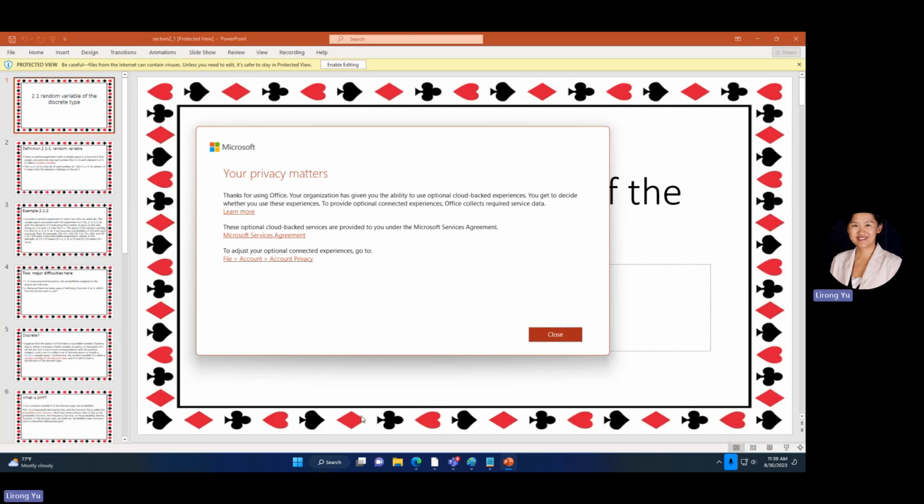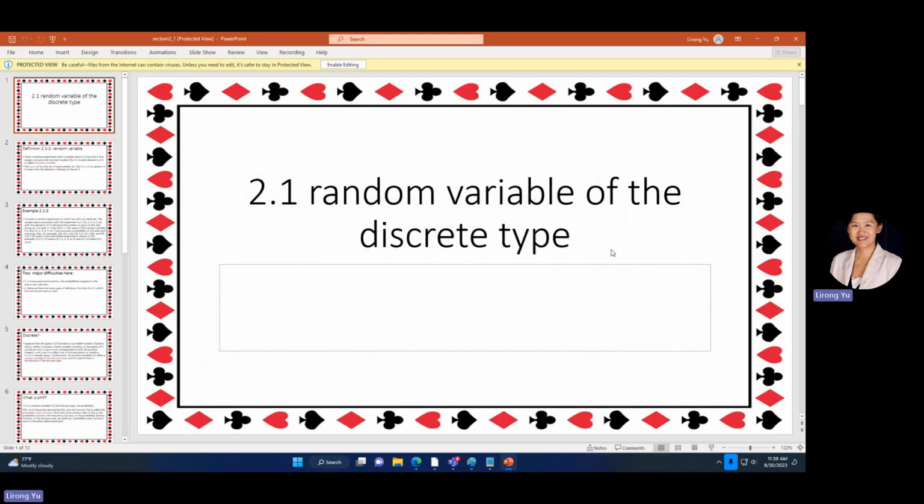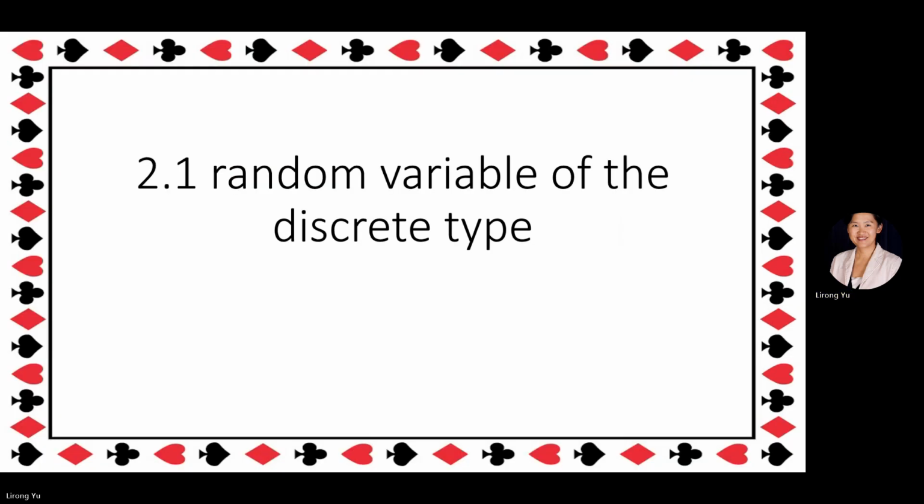All right, let's start with 2.1. Let's look at discrete probability models. 2.1, the title is called random variable of discrete type. Now, in mathematics, we deal with variables all the time. Variable, the root word is vary, something changes. So a variable is really a quantity that changes value, like x equal to 2, x equal to 3, x equal to 5.